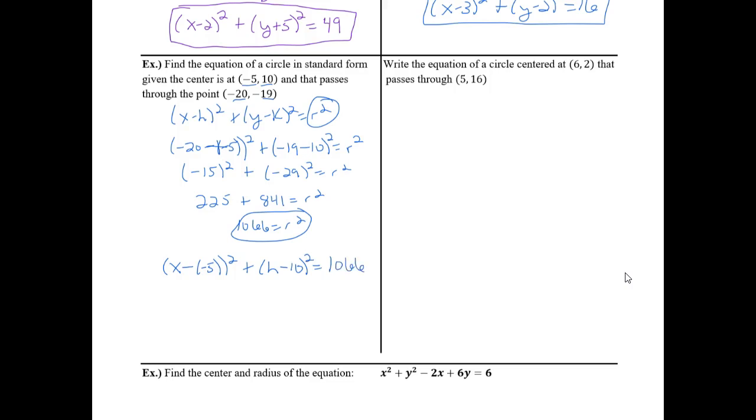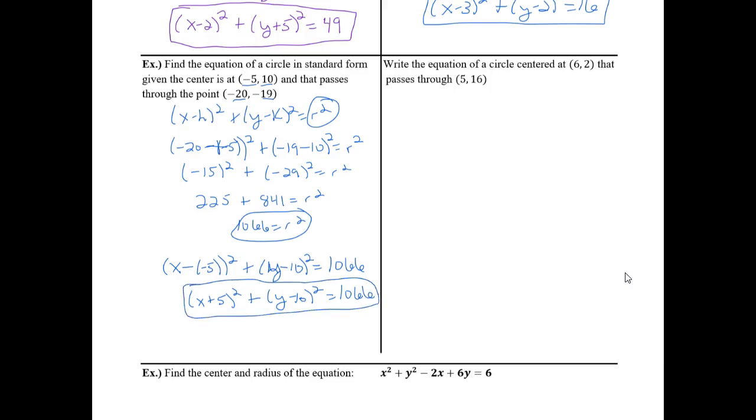And then to simplify, when we subtract a negative, that becomes plus, so (x + 5) squared plus (y - 10) squared equals 1066. And there you go.